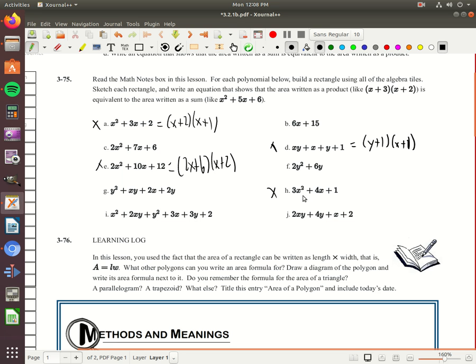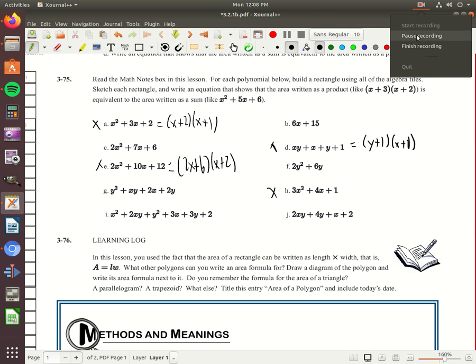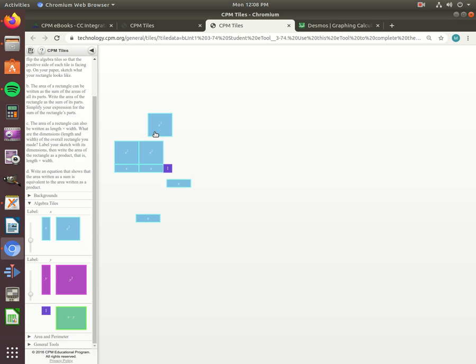And then finally, I will go ahead and set up 3x squared plus 4x plus 1. These ones can be a little bit tricky, at least for me sometimes, so I'm not having a lot of luck with that. I don't know. Let's see. 3x squared plus 4x plus 1.